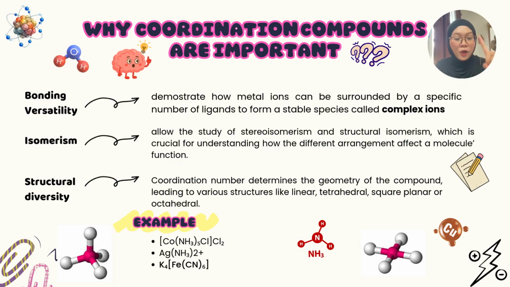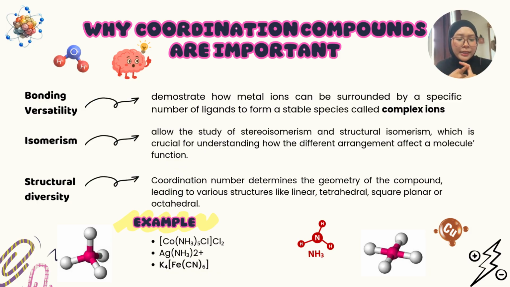Why are coordination compounds important? There are three reasons that we state in this slide. First, bonding versatility, which demonstrates how a metal ion can be surrounded by a specific number of ligands to form a stable species as a complex ion. Number two is isomerism.